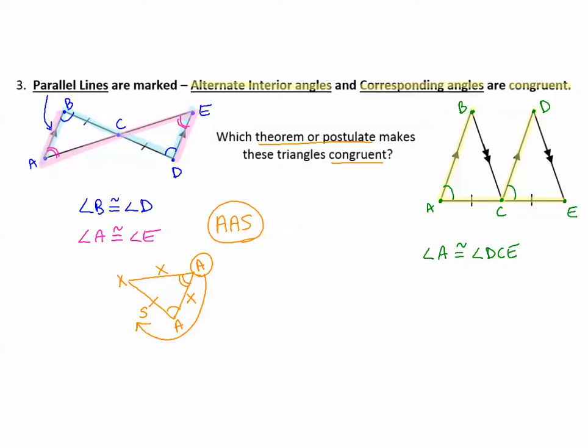But notice we have another pair of parallel lines. So I'm going to highlight this line, and notice the transversal. So do you see the other pair of corresponding angles? Here and here.